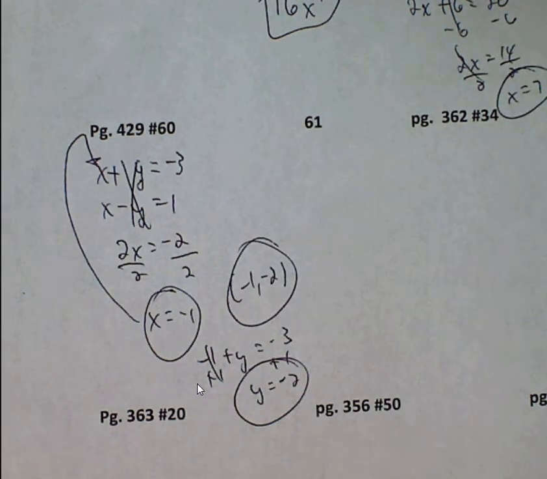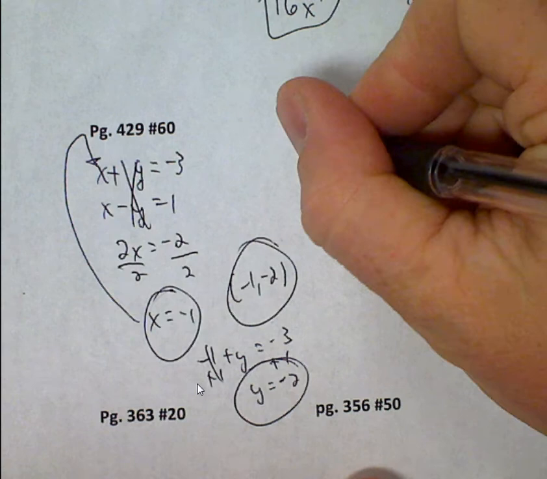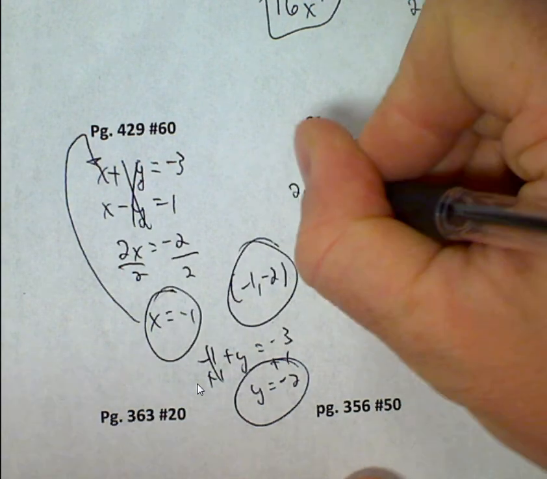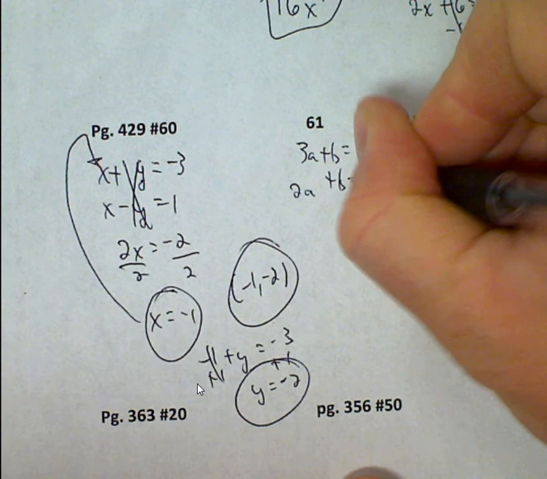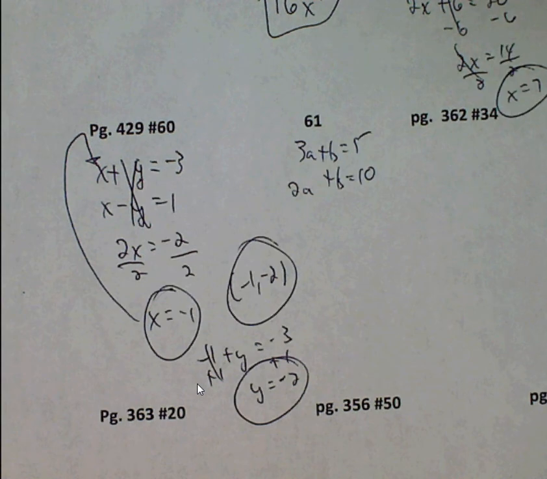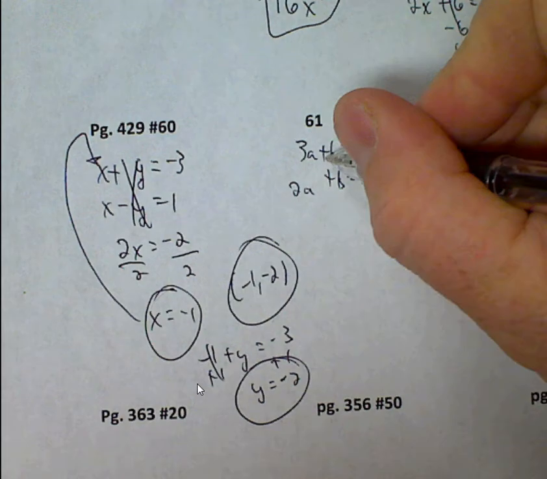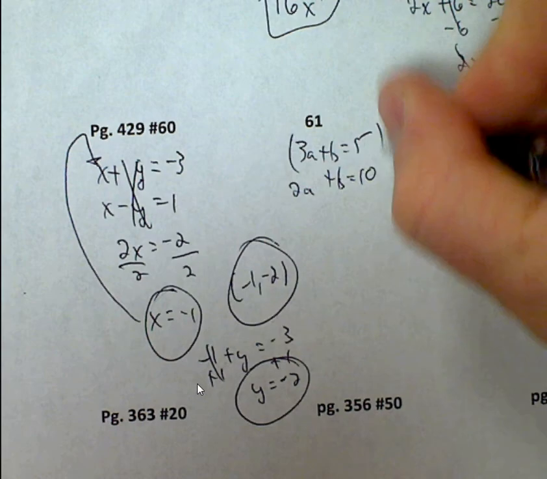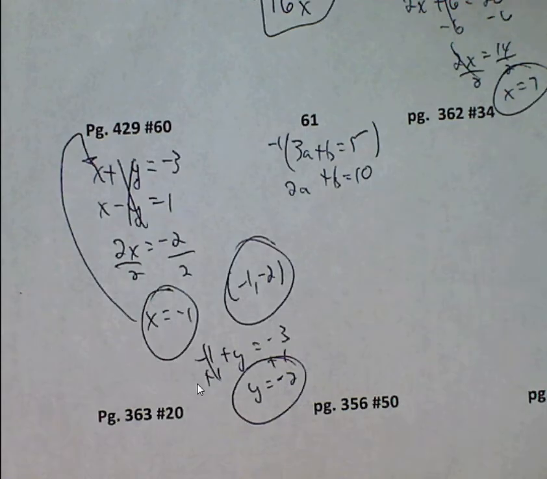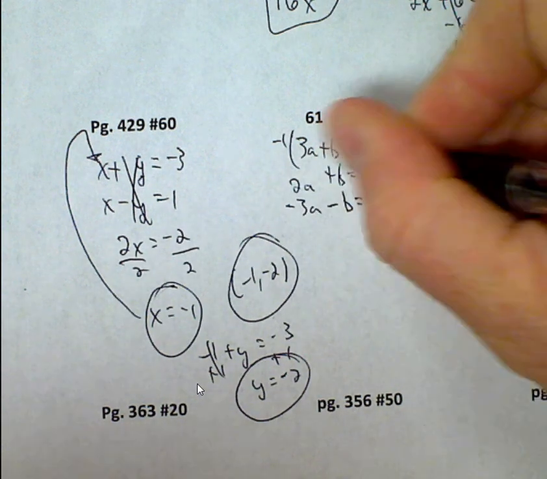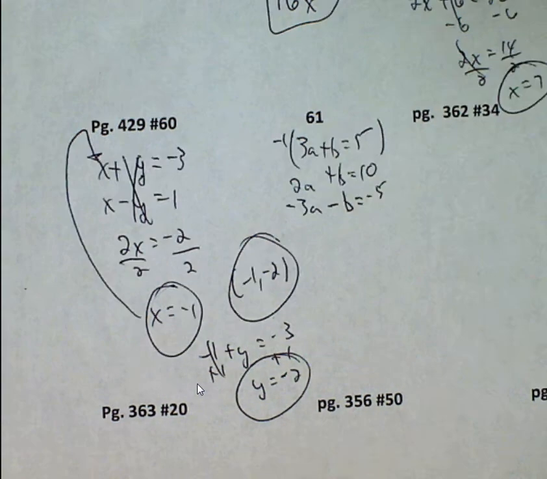X always goes first. Number 61, 3a plus b equals 5. 2a plus b equals 10. Same thing, I need to solve this by elimination. If I have a plus b and a plus b, I'm going to multiply one by a negative 1. That's negative 3a minus b equals negative 5.